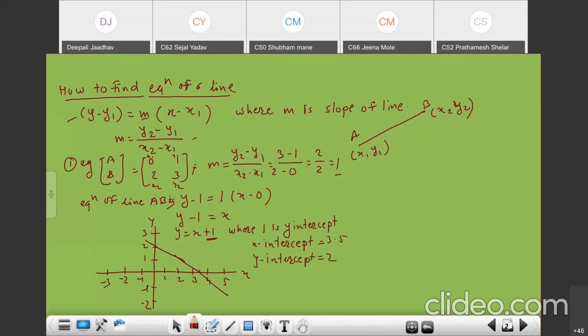So in this example, for the line AB with the points (0, 1) and (2, 3), the equation of the line with the help of the slope is y is equal to x plus 1, where 1 is the y-intercept. Using this simple method, we can find the equation of a line. But is this the only way?